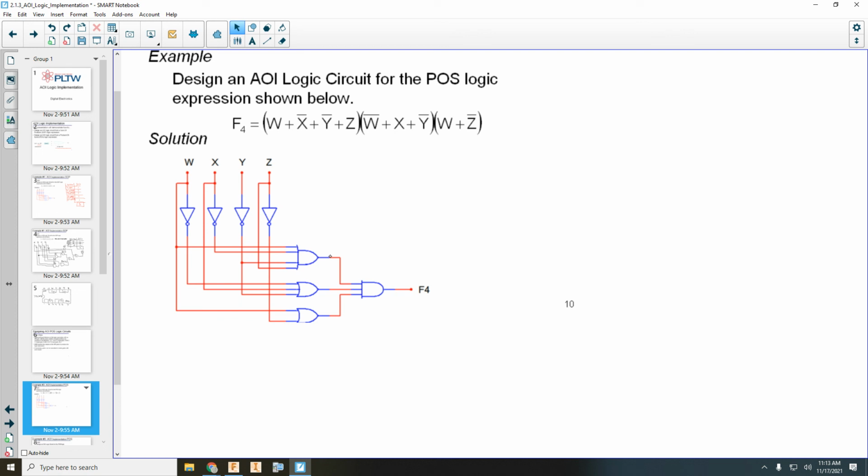If we have all these 4 input, 3 input, 2 input ORs going into a 3 input AND, what do we have? We're again going to have 5 ICs, right?